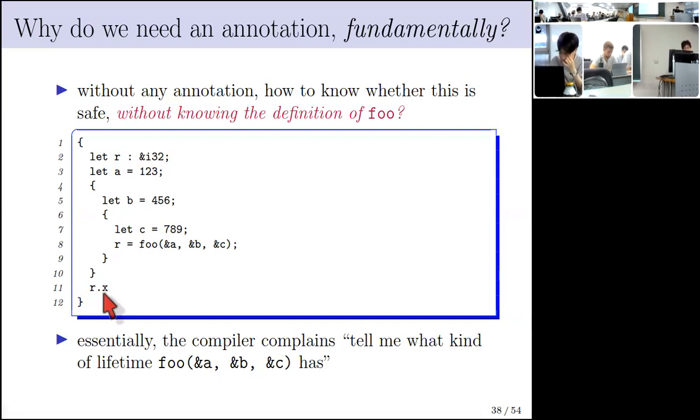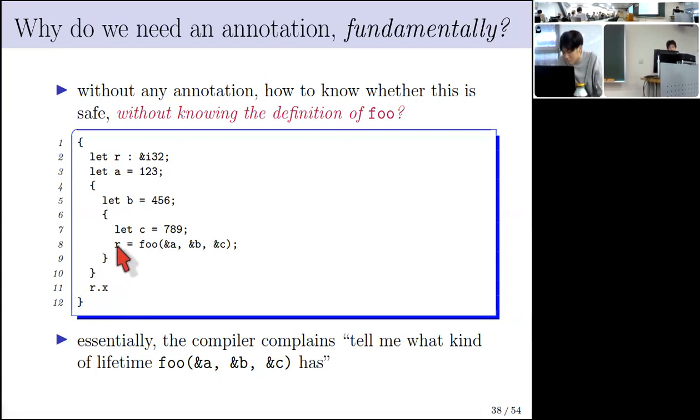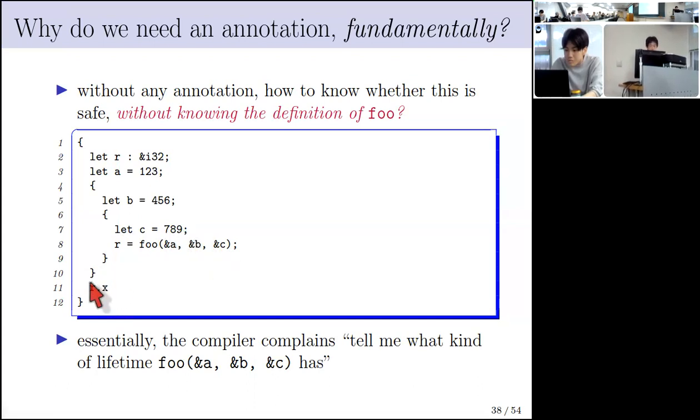And you have the expression r.x, which is assigned by this function call. Let's hypothetically assume that you know that foo is going to return one of them, one of a, b, or c. But still, you cannot know whether this is safe or not without knowing which of these three parameters foo is going to return, right? If foo is going to return this reference to c, then clearly it's not safe.